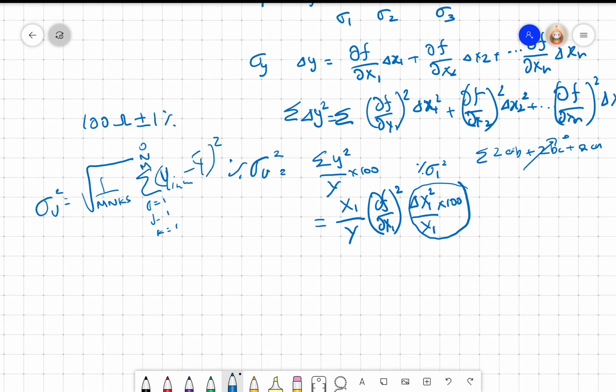This is what it is. Since I've taken the root, it should be sigma y square. Please correct that, when the sigma is actually the root mean square, right?